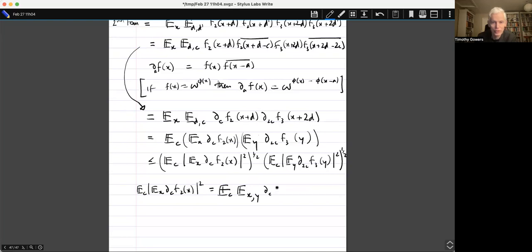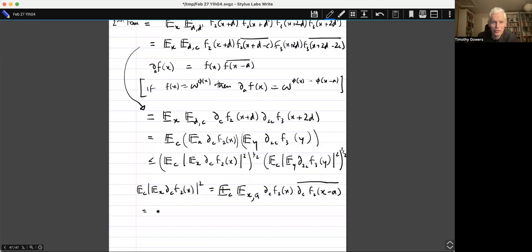Delta c f2 of x, delta c f2 of y bar. Actually I would rather call that y x plus a. So let's put an a there and make that y. Maybe even x minus a would be nicer. I'm allowed to do that. That's still going to range over all pairs of variables.